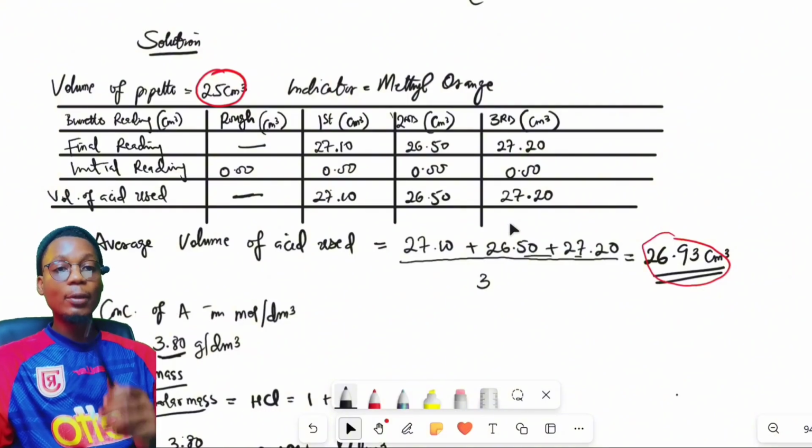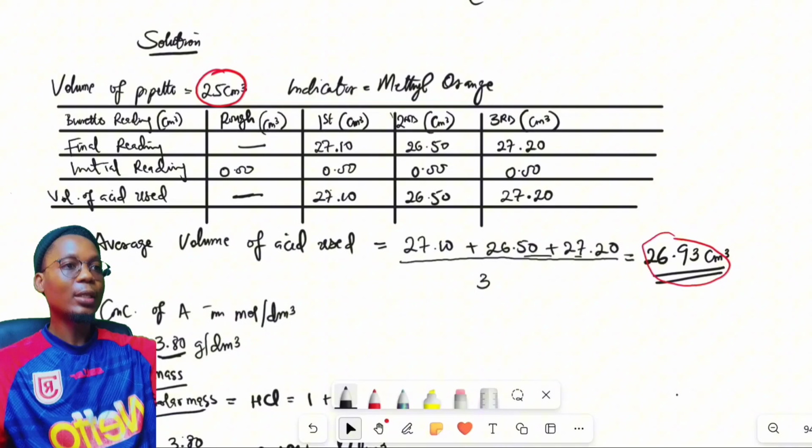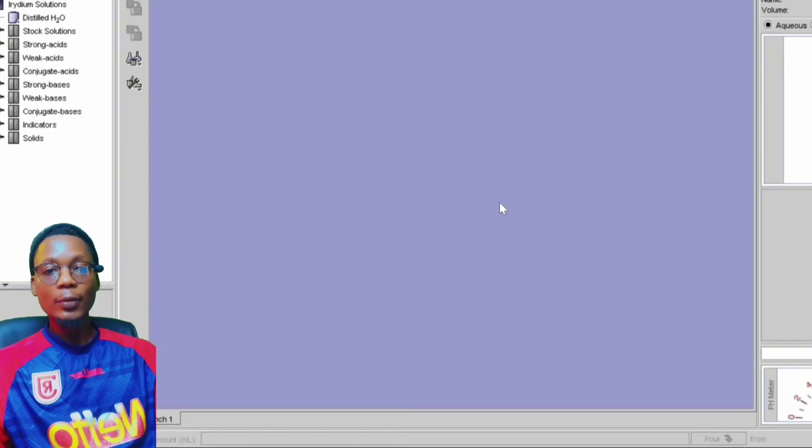The virtual lab cannot totally replace the real lab, but it can actually help in making learning a lot more fun. It can also serve as a substitute or an addition, a complement to a real lab environment.